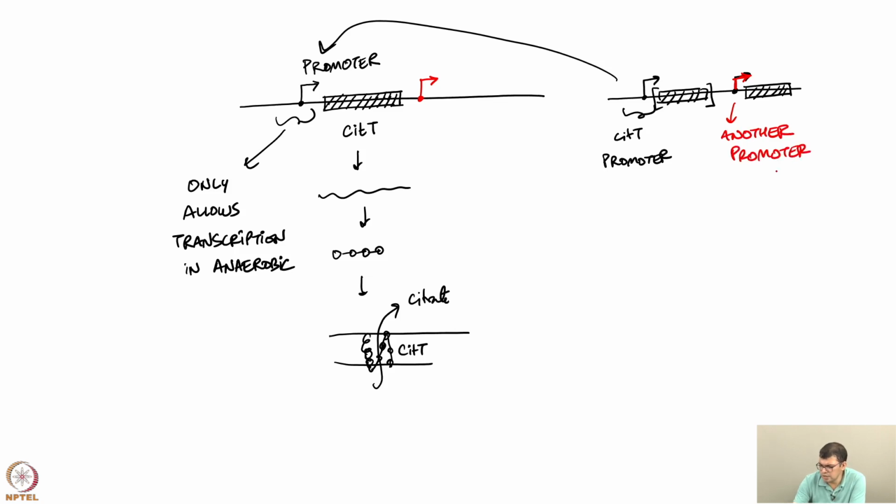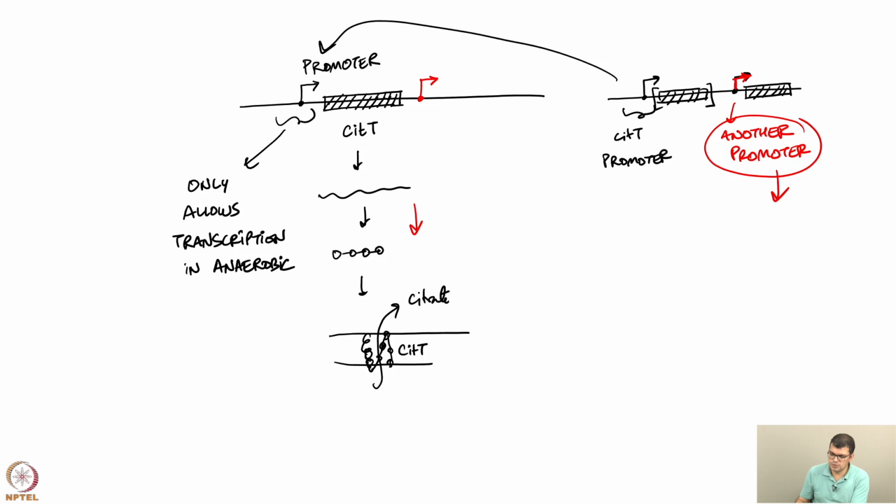And now, even in the culture conditions that we are talking about, growth is happening on citrate because this promoter is not dependent on anaerobic conditions to facilitate transcription. This promoter is actively transcribing, and then the transcript is being translated and we get CitT protein, and that leads to metabolism of citrate as a carbon source and growth to take place.